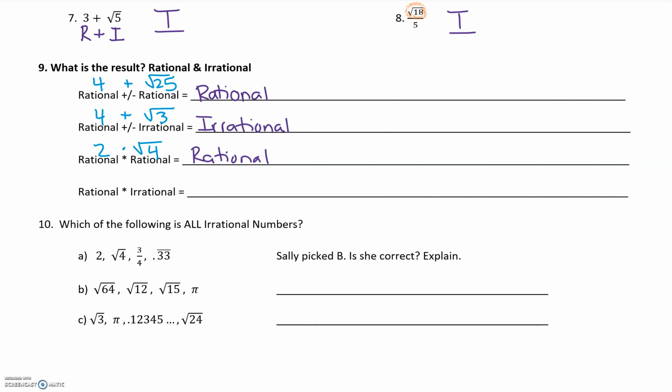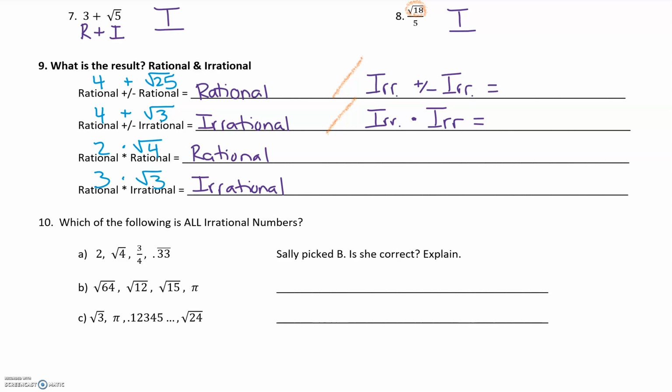If we have a rational number times an irrational number, this will always be irrational. An example would be like 3 times the square root of 3.